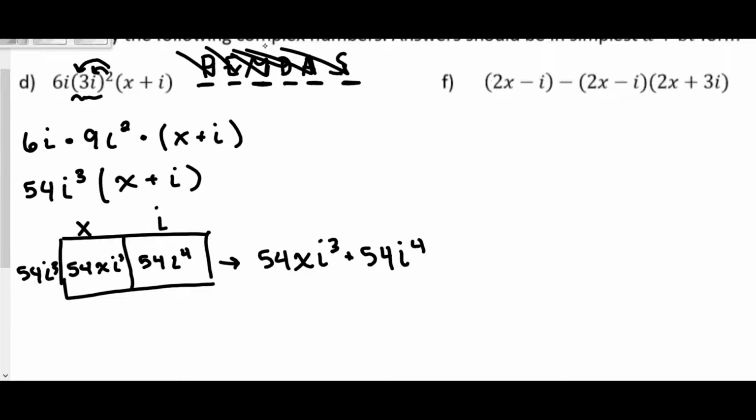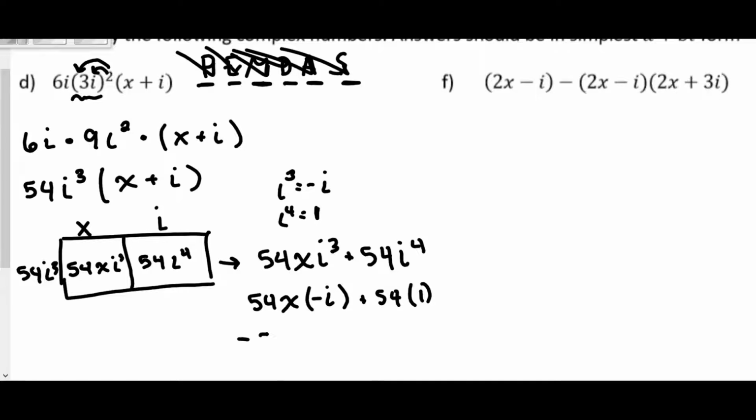However, i cubed is equivalent to negative i, and i to the fourth is equivalent to 1. So let's just simplify those powers of i's, and then we're done. So 54x times i cubed is negative i, plus 54 i to the fourth is just 1.